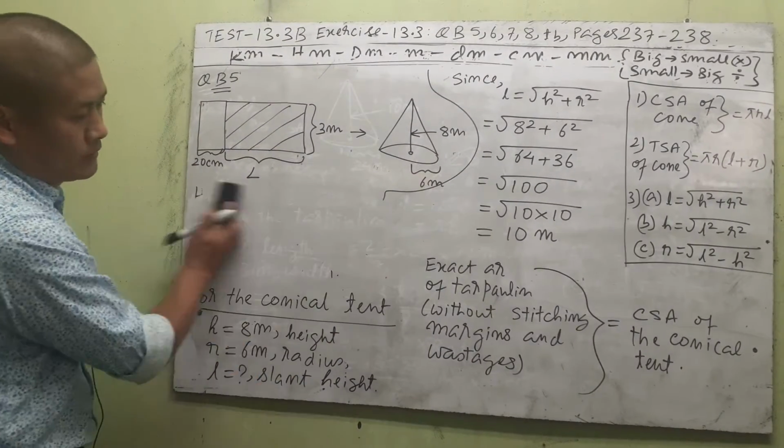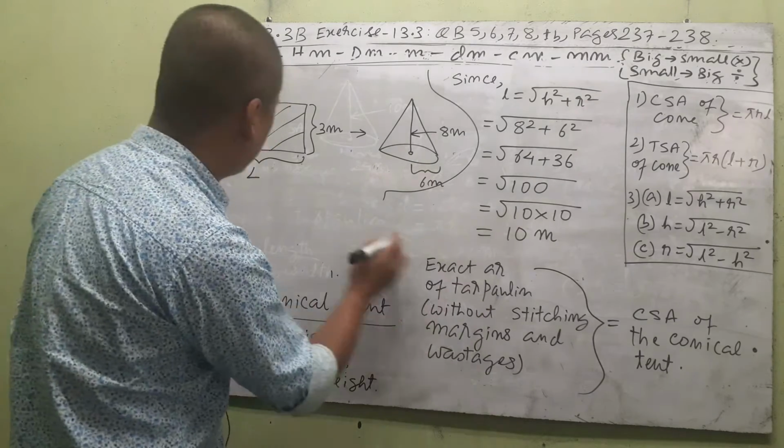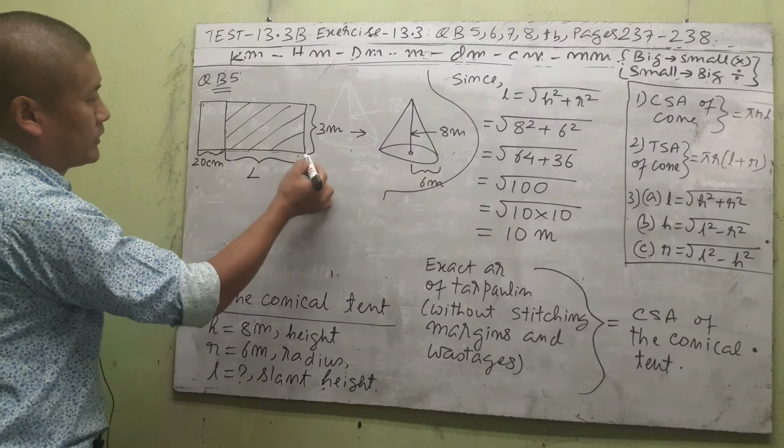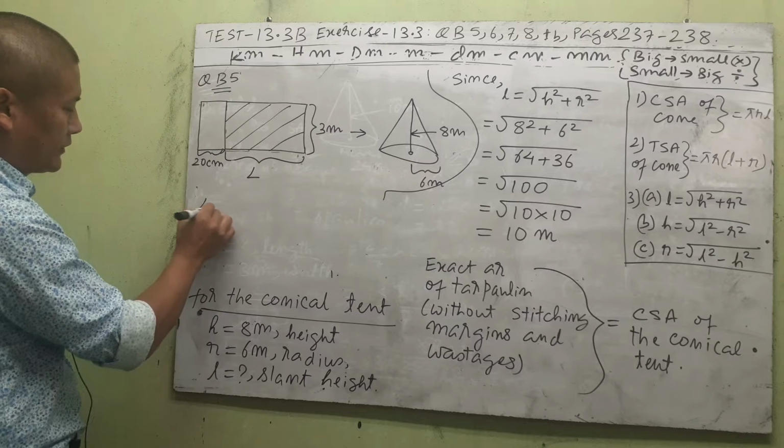So for that, continue. We know that exact tarpaulin required is this shaded region, which is area of this rectangle. So area of rectangle is length into breadth.